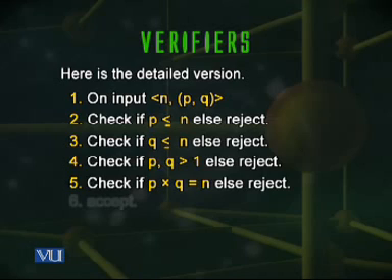If it is not equal to n, it rejects, otherwise it accepts. This is a simple algorithm, and it will only accept pairs n, p, q, where p and q are both greater than 1 and p times q is equal to n. Thus, this algorithm verifies composites.